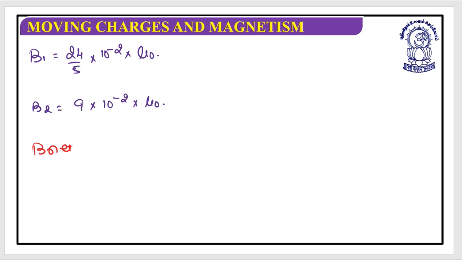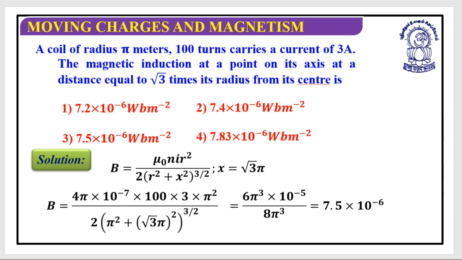B net is outside the plane, B second is inside the plane, so B net is equal to B1 minus B2. Put in the values and get it done for the Tesla. I hope this is clear. Is it fair enough to do this? Great. Let's work on the next question.